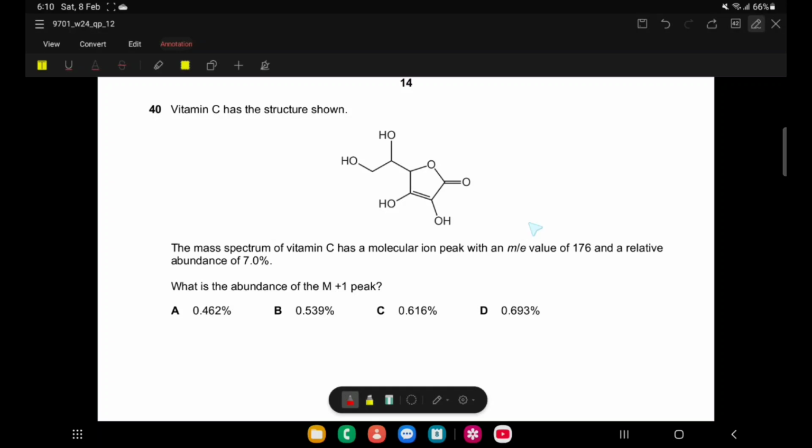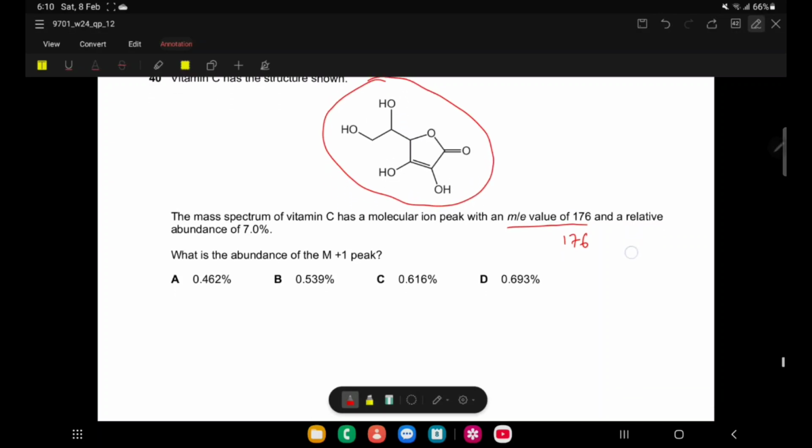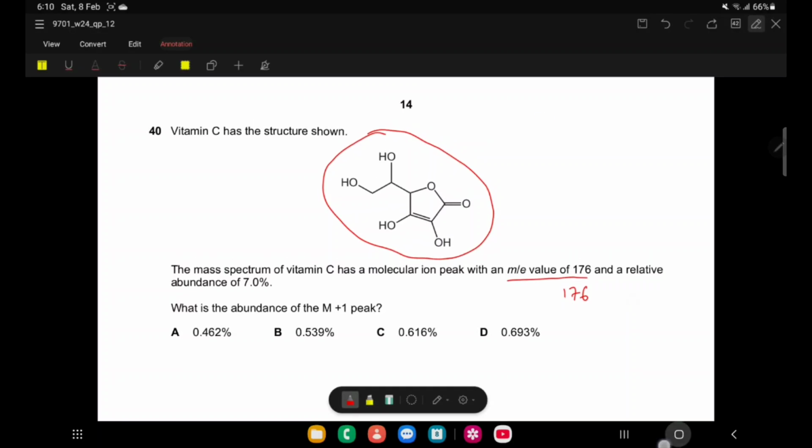So the m/e value means the Mr is 176. It's already given, so you do not need to find it out. Relative abundance is given. You know the formula. To calculate the carbon number, the formula is number of carbon equals 100 divided by 1.1, times the M+1 peak divided by the M peak.